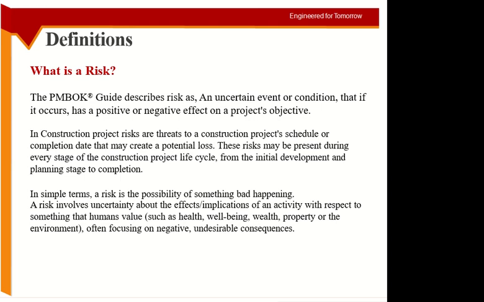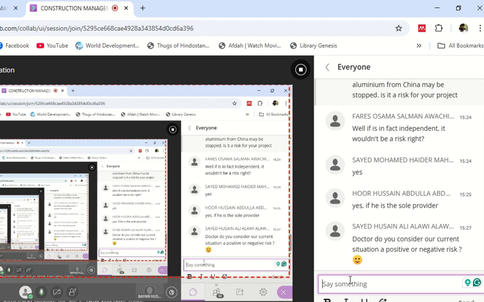Or for example, you have two or three sites and you need more equipment or more labor on one site. And suddenly the other site closes, so now you have more equipment, more labor available. So that's a negative risk for site 1, but positive for site 2. Now you have more things to consider for the other one.